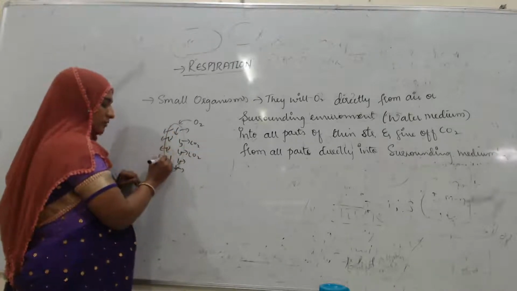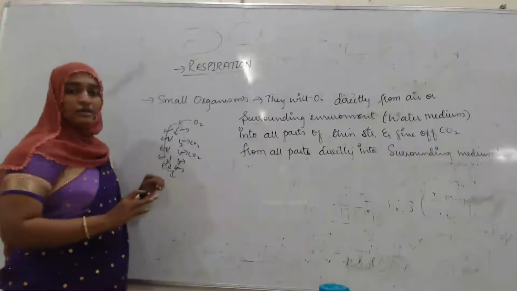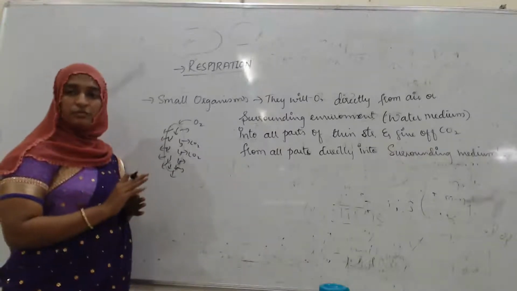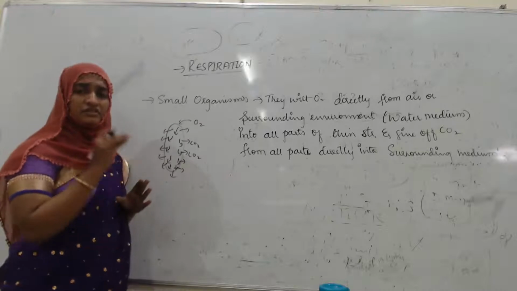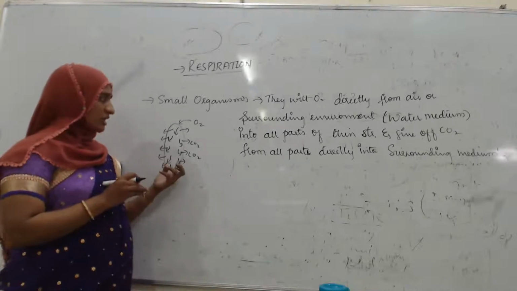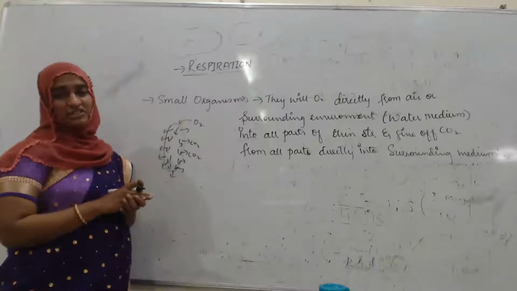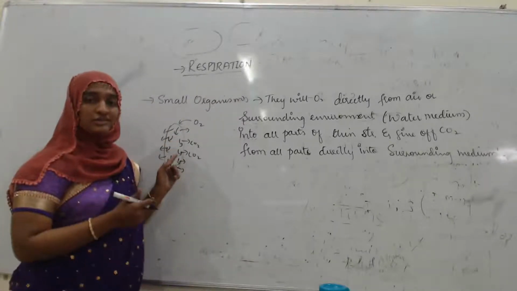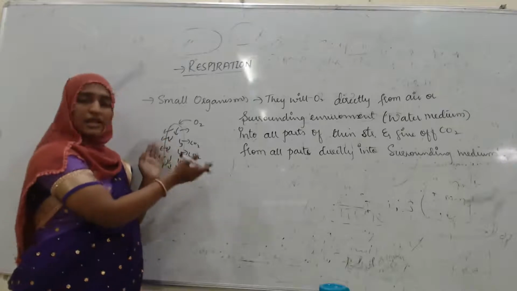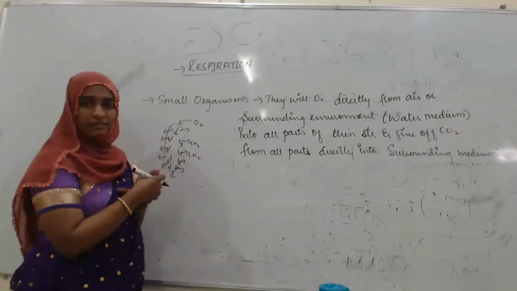There are no respiratory passages, no respiratory organs, or respiratory structures. Only some thin structures or thin membranes or thin cells will be there, which are responsible for this gas exchange. The cells of their body utilize that oxygen and give out carbon dioxide directly into the surrounding environment.